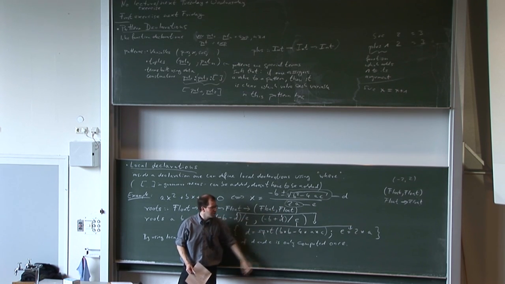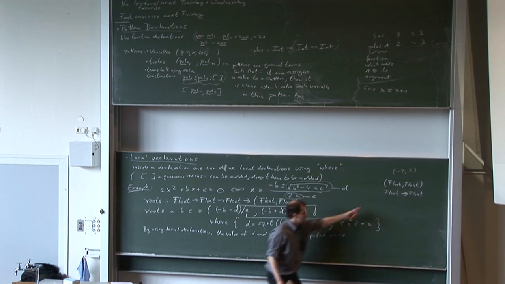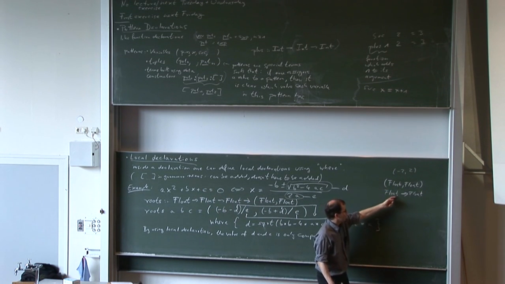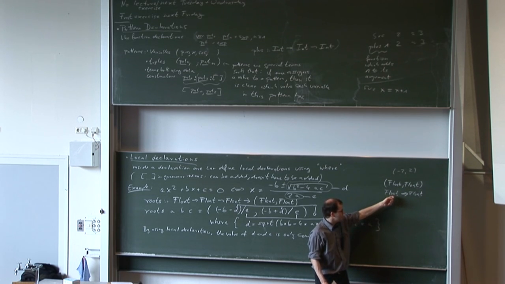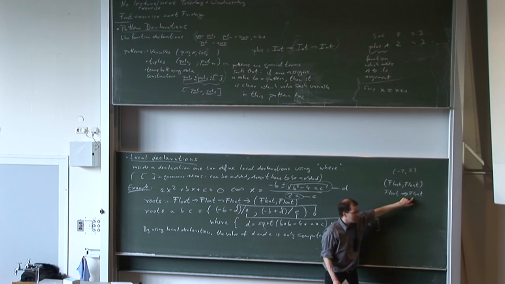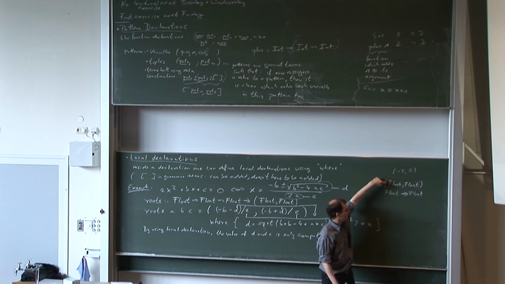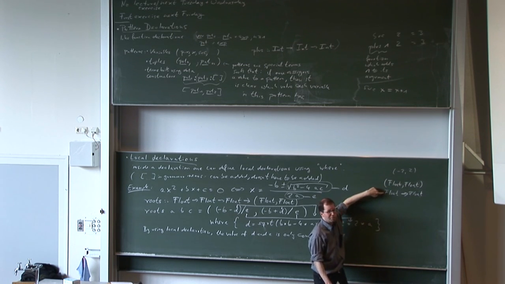So this is not really the same. This carries much more information than that. I mean, these are essentially an infinite number of pairs, because for every floating point number, you have another floating point number, which would be the result of this function. And here you have just one pair. So this carries much, much more information, and is really something completely different from that. So this is the better idea here.